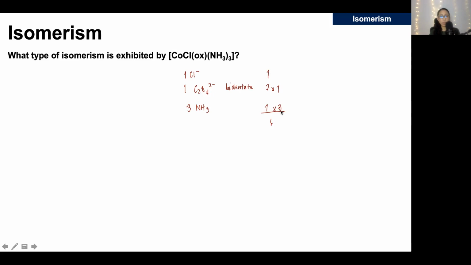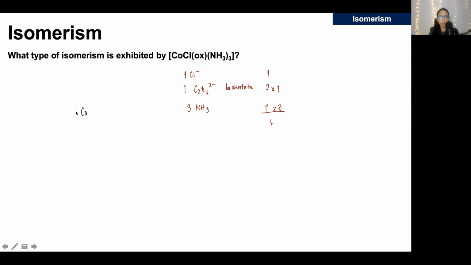That gives us 6 points of attachment. So the coordination number is 6, so the structure is octahedral. So next, we have to ask ourselves, is it a cis-trans isomerism or is it a FAC-MER isomerism?